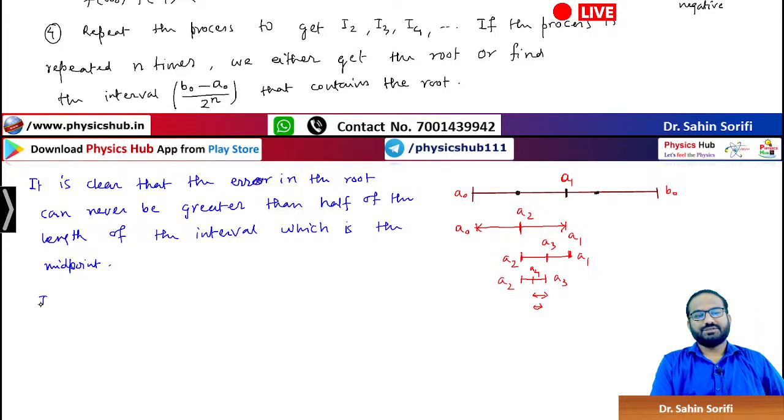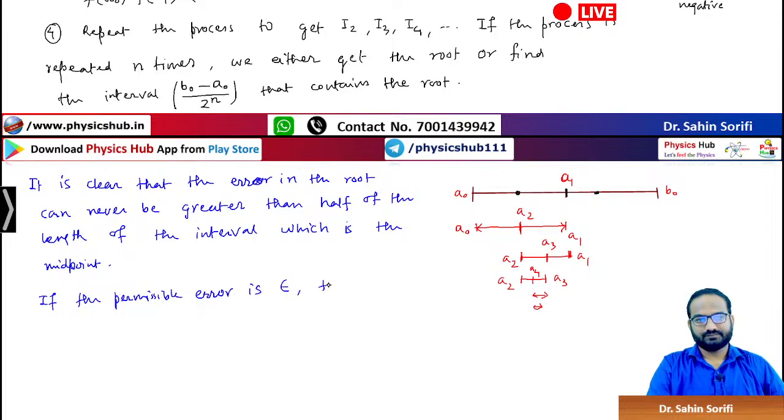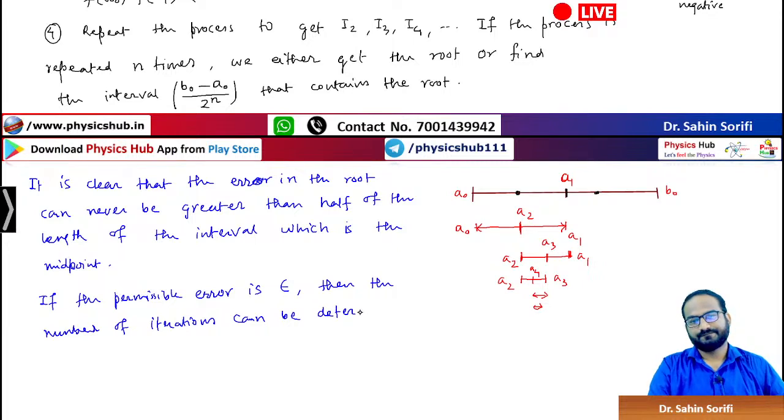So let's say the permissible error is epsilon, then the number of iterations can be determined by this.